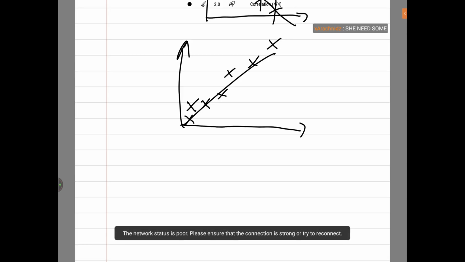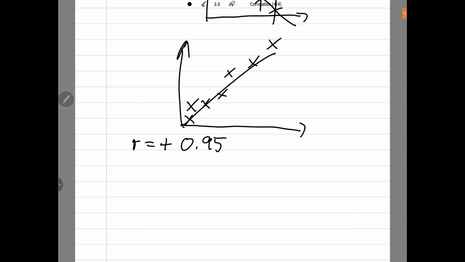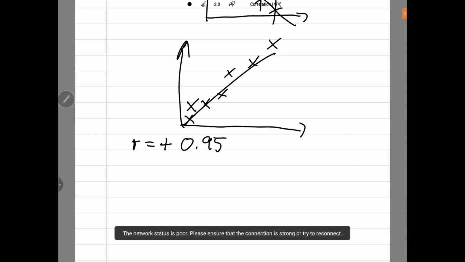So that, I would guess, is probably around R equals plus 0.95. It looks like a strong positive correlation.